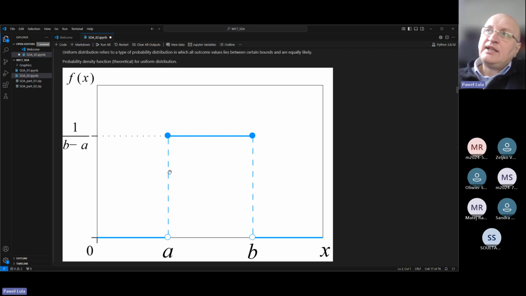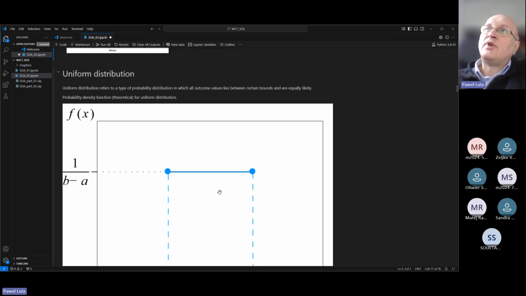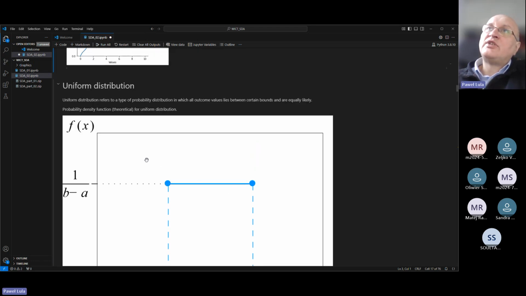And the area which we have here under this line is always equal to 1. And this formula causes that this area is always equal to 1. So it is uniform distribution.